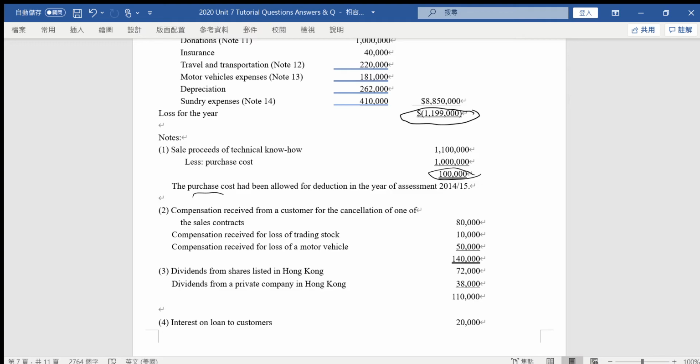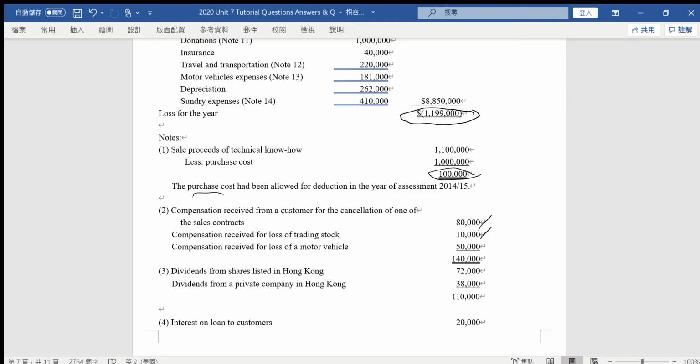Okay, this one is just one of many contracts. That's why it's revenue in nature, not a permanent loss of this contract. That's why that will be taxable. No need to adjust any. Okay, the second one, compensation received from the loss of trading stock, revenue in nature, the normal treatment. No need to adjust any.